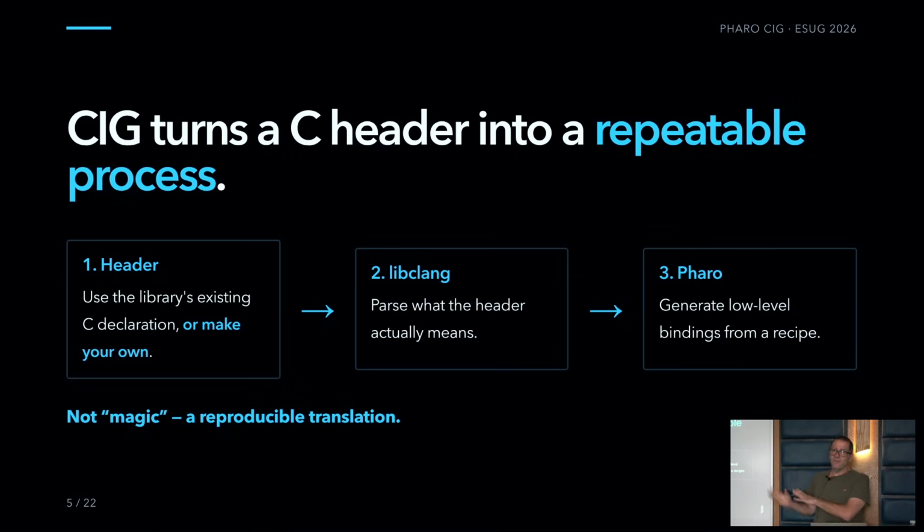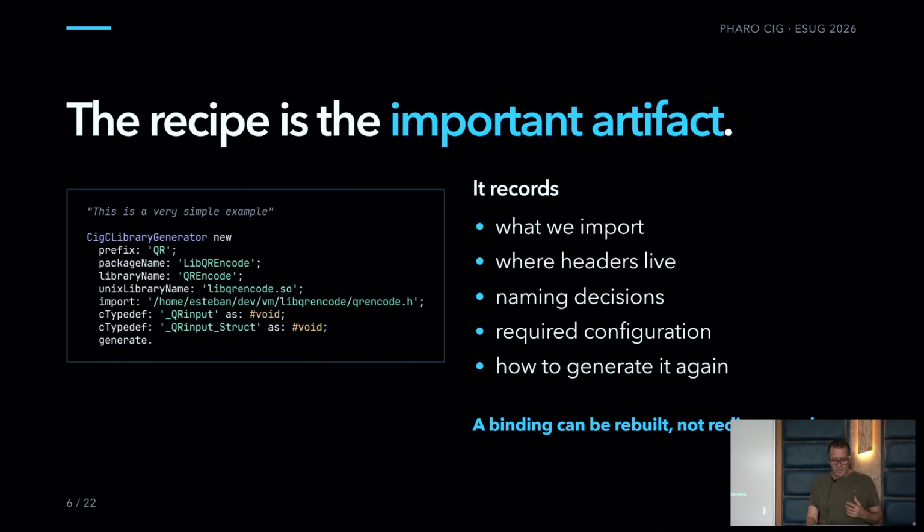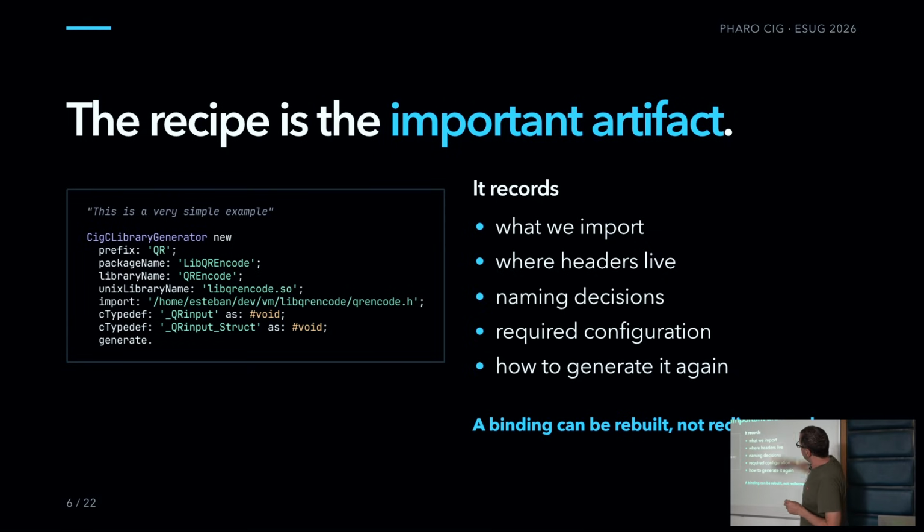But it's that, a specification of the library, and it's not magic. The advantage is that it's a repeatable process. The recipe is the important artifact that we produce.